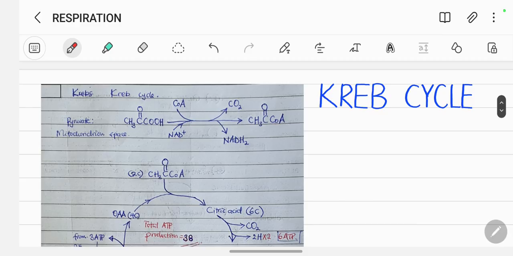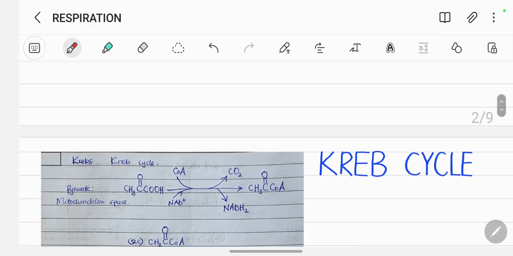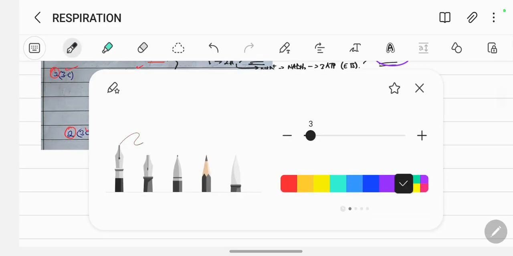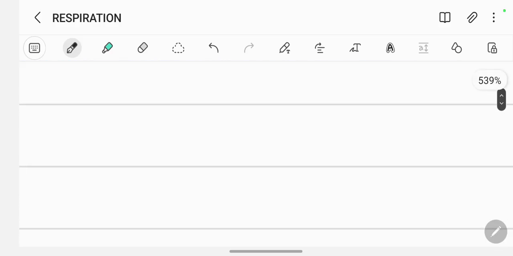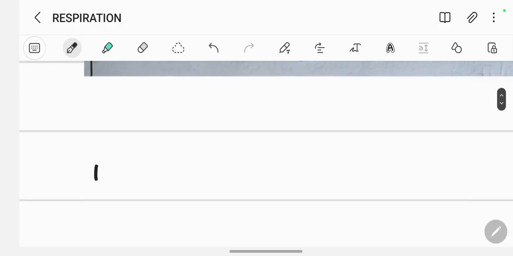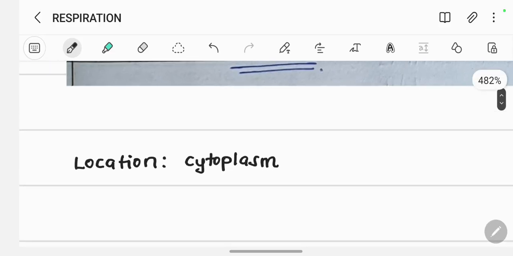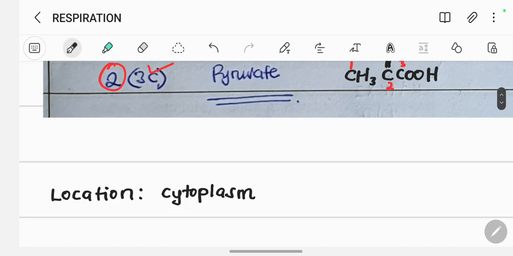So after our formation of, by the way, location, we didn't talk about location. So location: this process is within the cytoplasm.